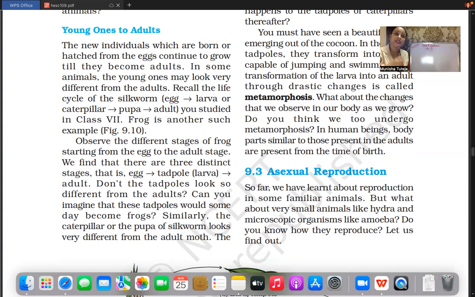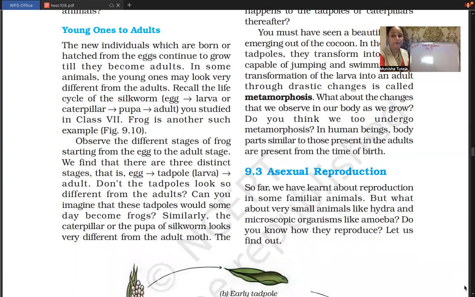If it hatches out from the egg of a silk moth, still it will be called a larva. So basically, larva is the name given to the organism which hatches out of the eggs, right? The larva of the silkworm is known as caterpillar. The larva of the frog is known as tadpole. The tadpole then further gets converted into the adult frog.